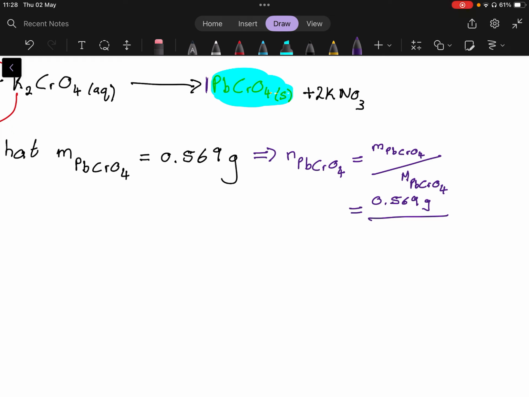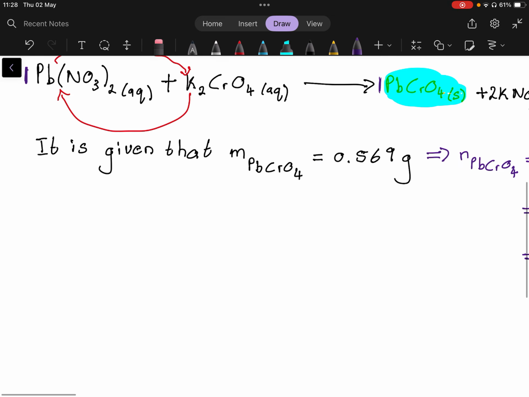The molar mass of lead chromate is 323.192 gram per mole. In other words, the gram cancels, the mole goes on top. You should get a value of 1.760 and a bunch of numbers times 10 to the negative 3 mole.